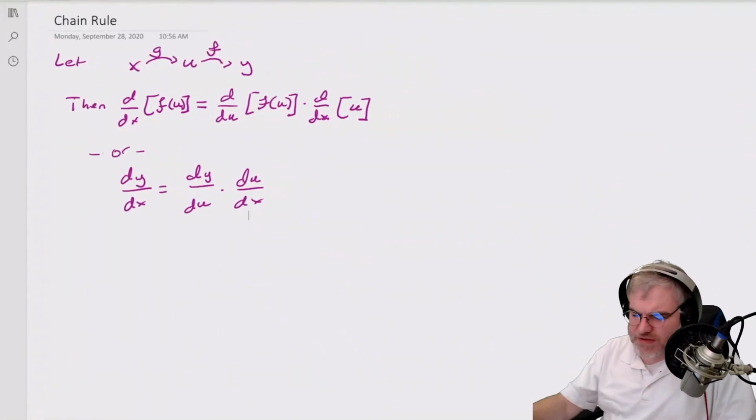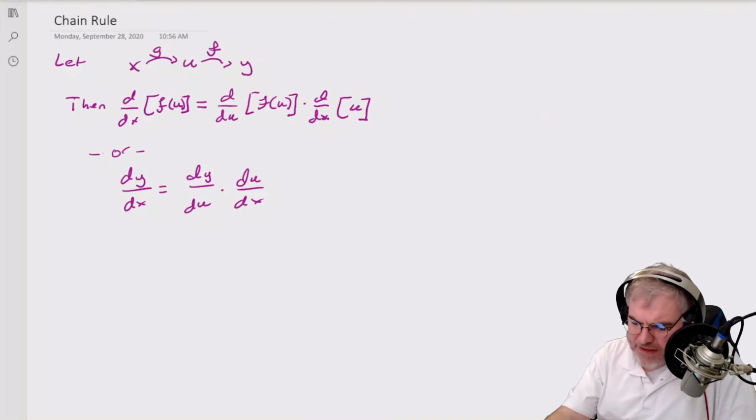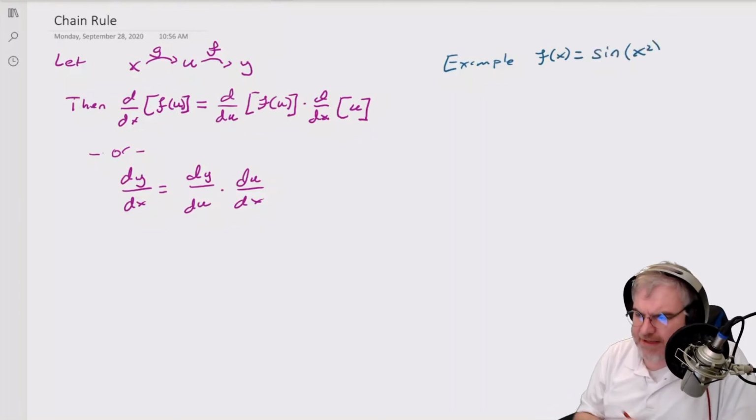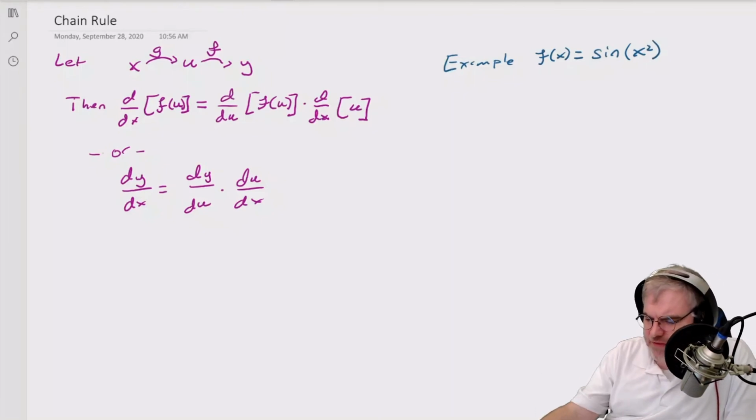So the chain rule looks like this, okay? I've got this kind of thing, g and f are two functions. The example would be f of x equaling sine x squared, okay? So let's just do the chain rule real fast, and you'll see what goes on here.